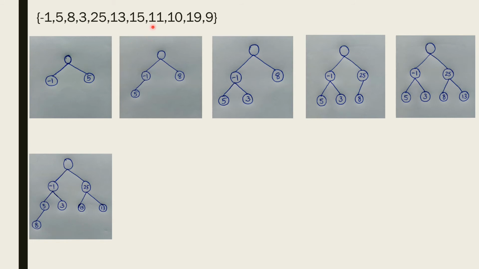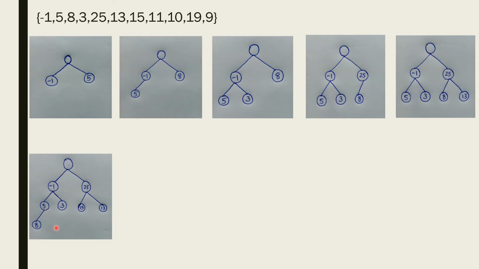Now the next element that we have to add is 11. Okay, now adding 11. The next position is here, right? While adding 11, we have to check the min heap property because this is a left subtree. So the min heap property is not violated. The next property that we have to check is the correspondence property. If we add 11 over here, it does not have any corresponding element.